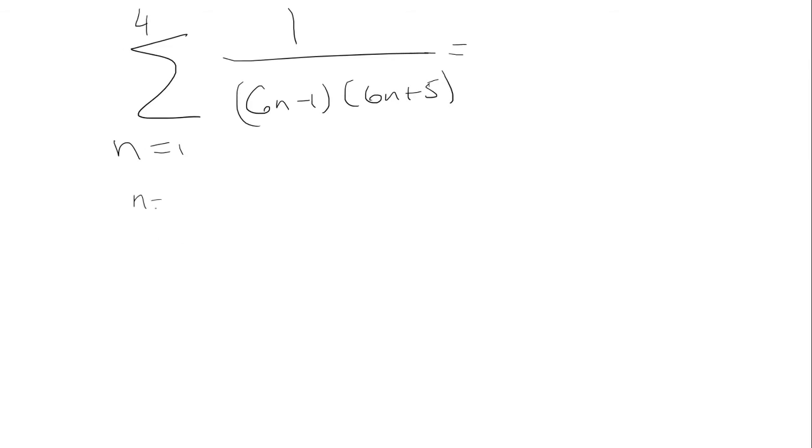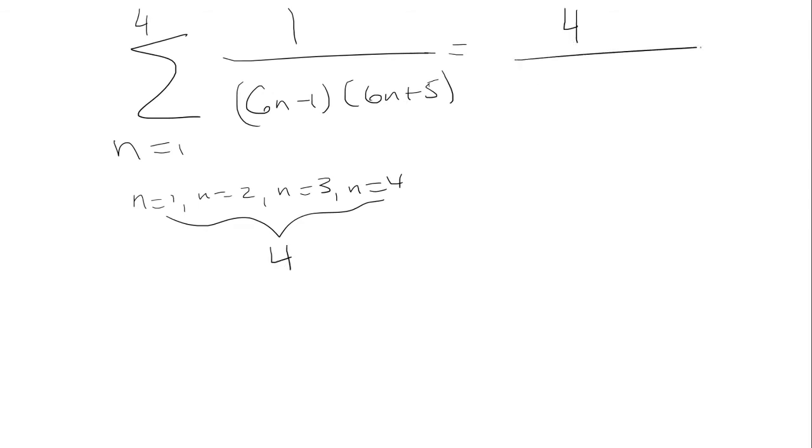So it'll be n equals 1, n equals 2, n equals 3, and n equals 4. That means there's a total of 4 of them. So 4 is going to go on the top. Another way to find it out is if I just take 4 minus 1. So take the difference of the two limits and add 1 to get 4. So this is a quicker way of doing it.